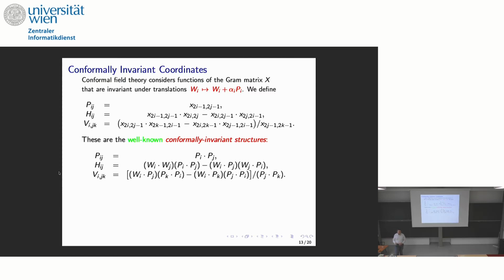That I call H. These are polynomial invariants. And then there is a rational function that's some other 2 by 2 minor divided by something else that also happens to be invariant. That's an invariant rational function. And in this literature, these are called the well-known conformally invariant structures.